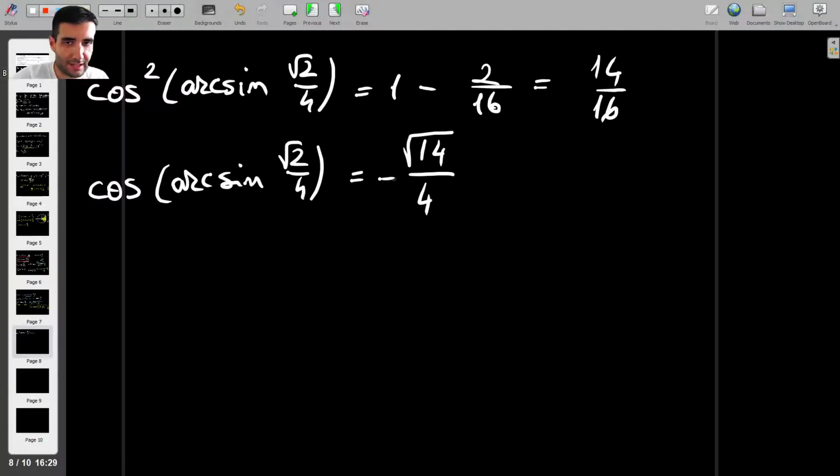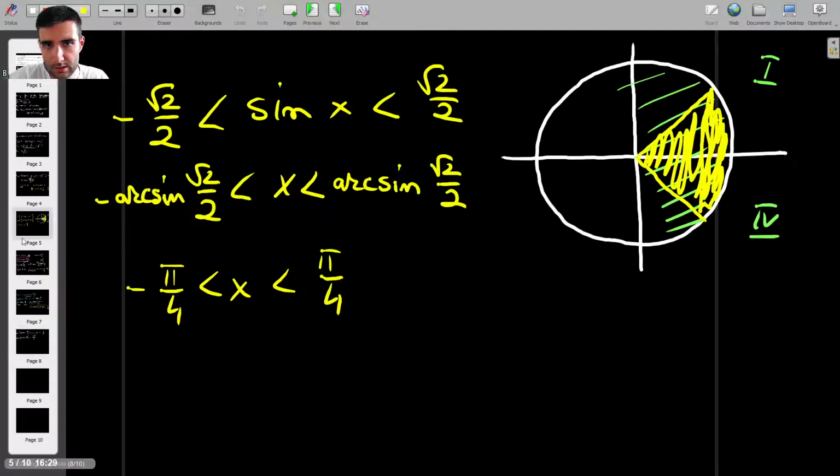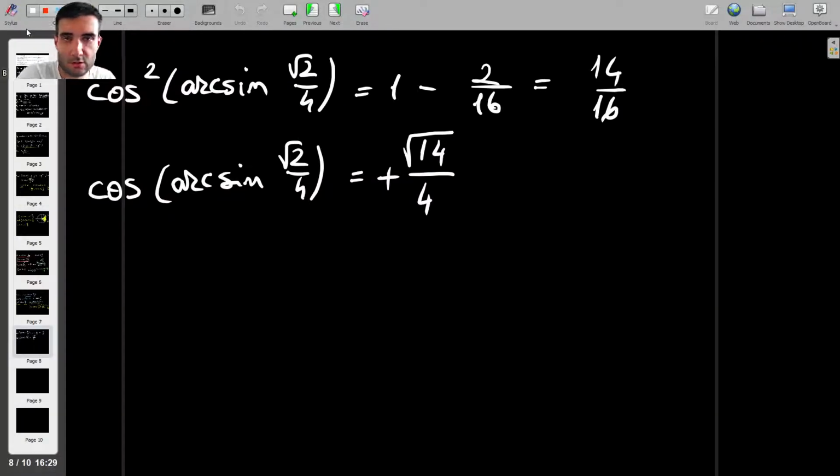Now remember, this technically could be plus or minus, but because we're dealing with the first or the fourth quadrants, the cosine is always positive in those quadrants, right? So this is going to be plus because we're somewhere in this yellow region, basically, which is the first or the fourth quadrant. So that's where the cosine is always positive. So we found cosine of arcsine of root 2 over 4 is equal to this.